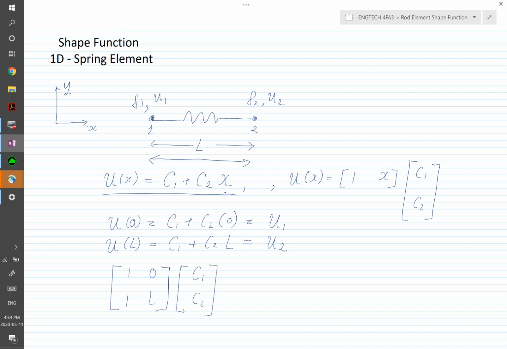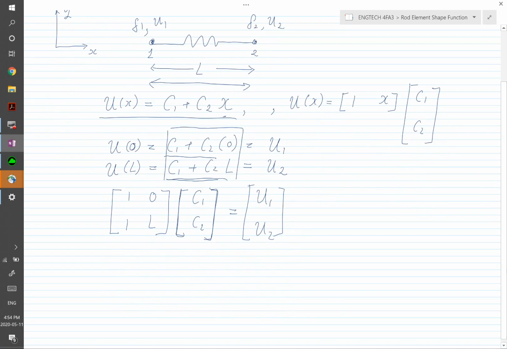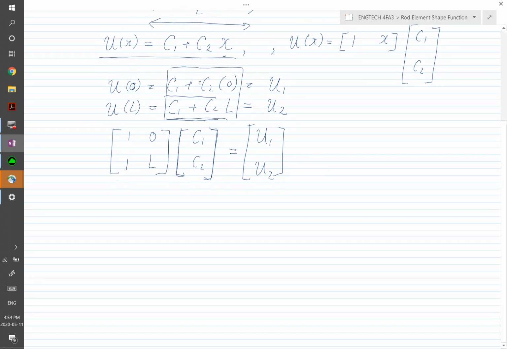Nothing fancy. I just retrieve the two terms C1 and C2 out of the matrix form. I factor out C1 and C2 equal to U1 and U2, that displacement vector. We do the inverse of that.